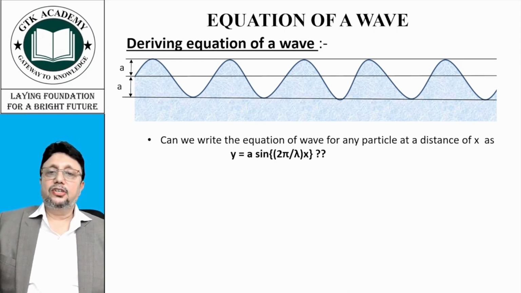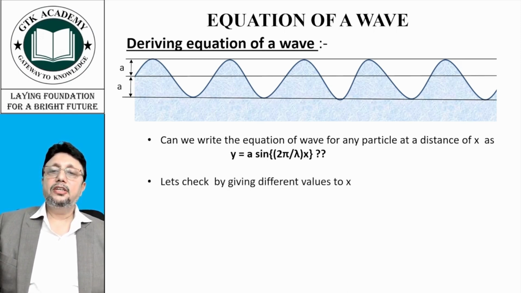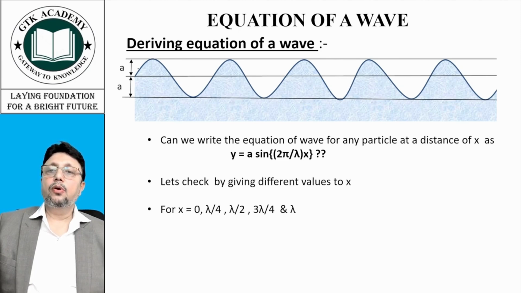So let's test it. Let's check by giving different values to x: 0, lambda by 4. This is x is 0. At this place it is lambda by 4, lambda by 2, 3 lambda by 4, and till here it is lambda.